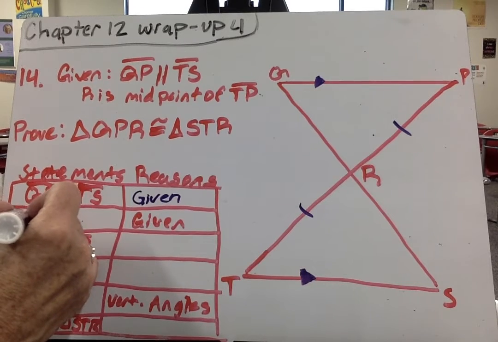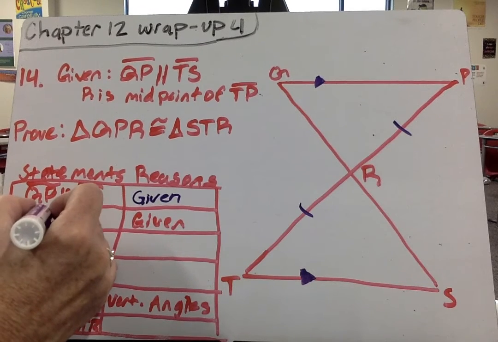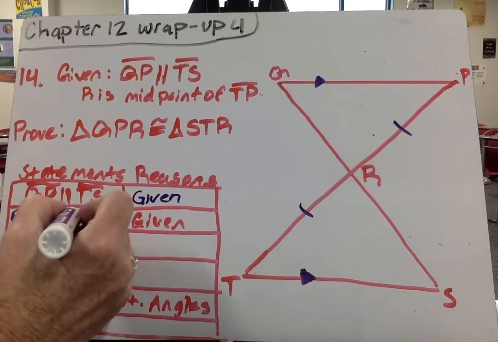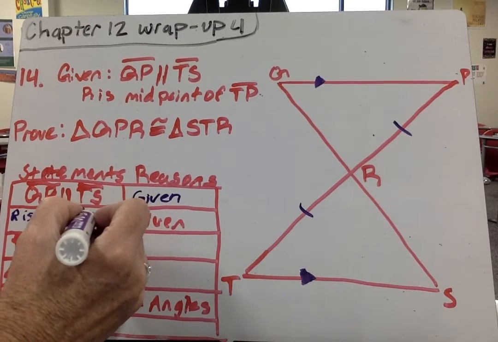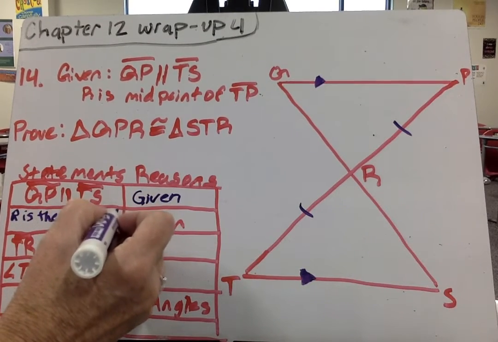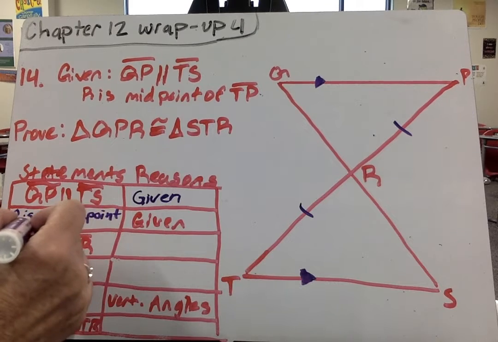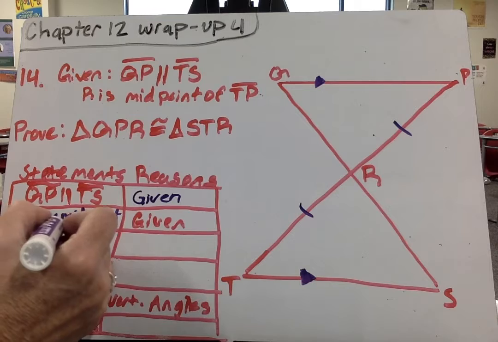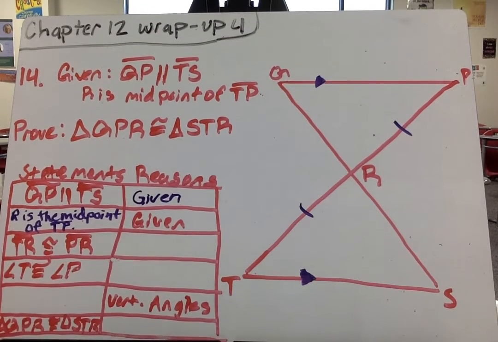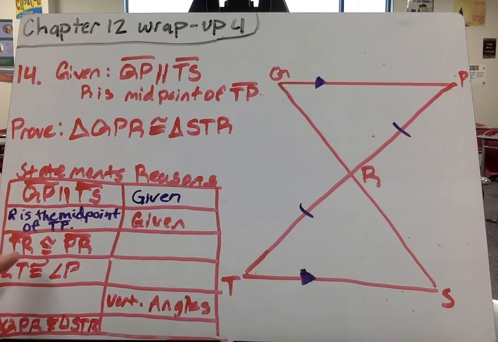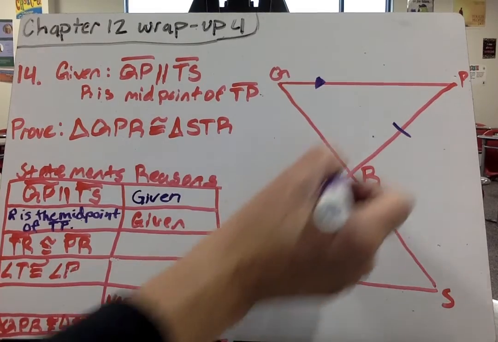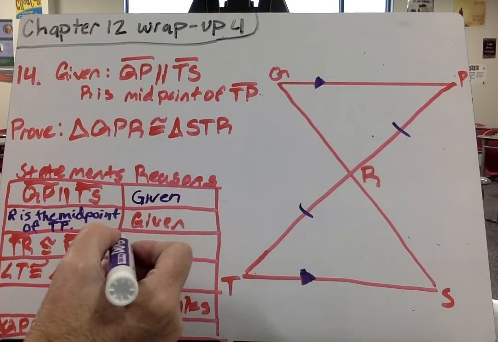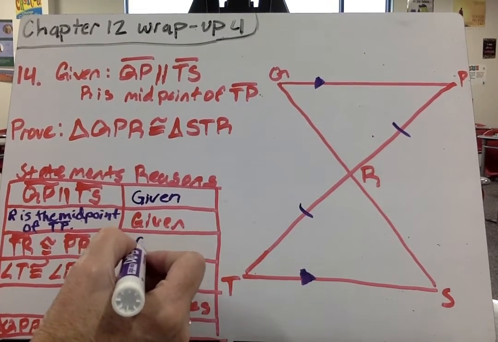Hopefully there's enough room here. And that should be a line over the TP. Okay? TR is congruent to RP. Why? Definition of midpoint.